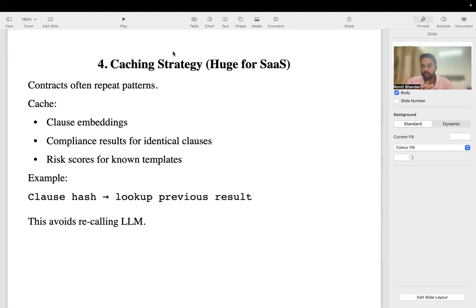Okay, so if you are able to persist the result your risk or compliance agent is providing for a particular clause, and obviously you have created a hash for that clause, and if again the same clause is repeating next time, or after the first time, then you can use the same result instead of making a call again. So here you just totally don't make a call. This is also a very good strategy to reduce your costs.